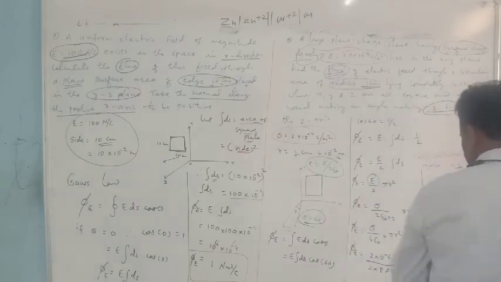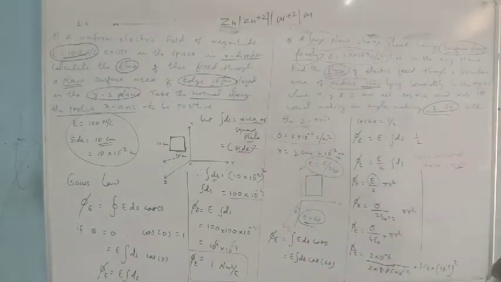Okay, so the 2s get cancelled, and the remaining term is electric flux equal to 10 to the power minus 6 upon 8.85 into 10 to the power minus 12 multiplied by 3.14 multiplied by 10 to the power minus 4.